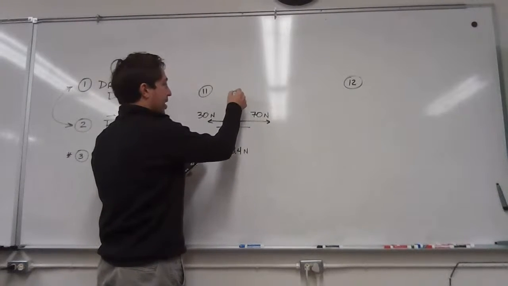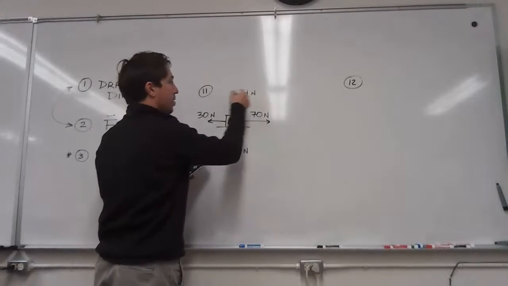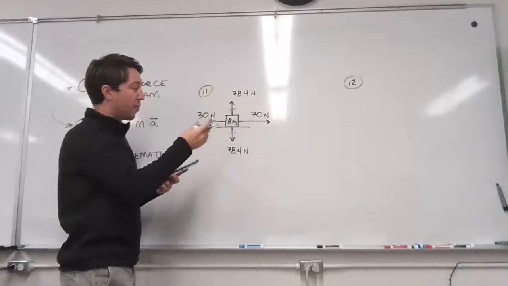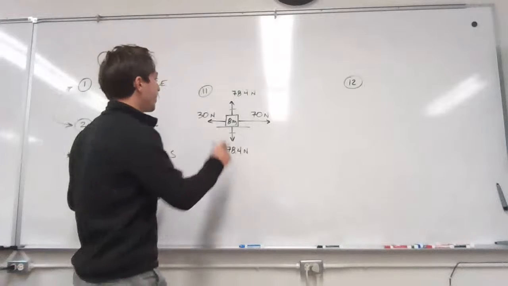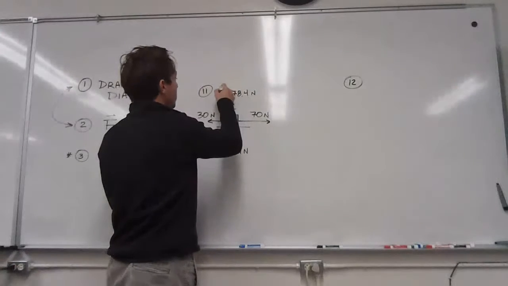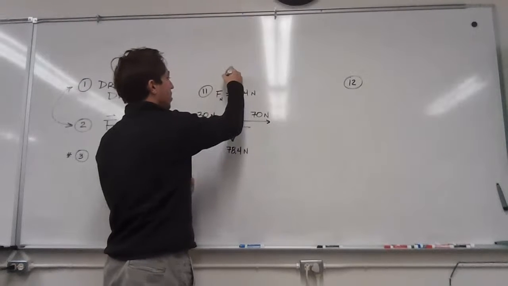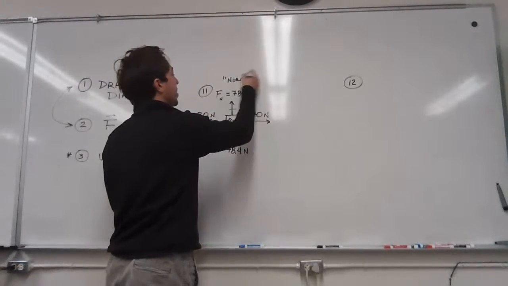Does anyone remember the fancy name for this upward force? I could say force from the surface. It starts with an N. Normal force, yeah. So a lot of times you'll see this written as F sub N. The normal, remember, normal just means perpendicular pretty much.